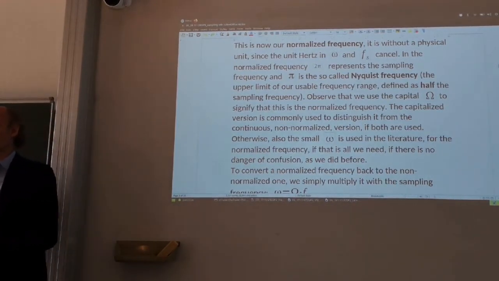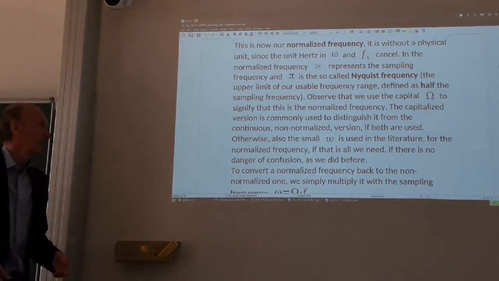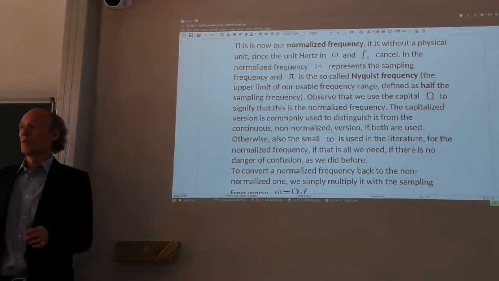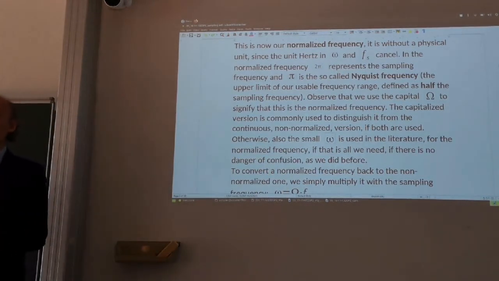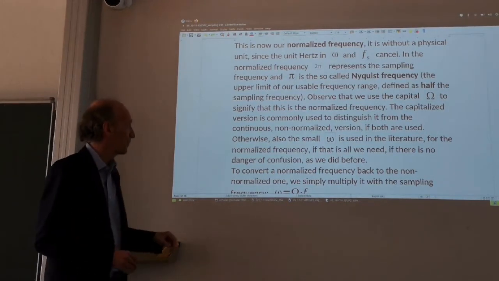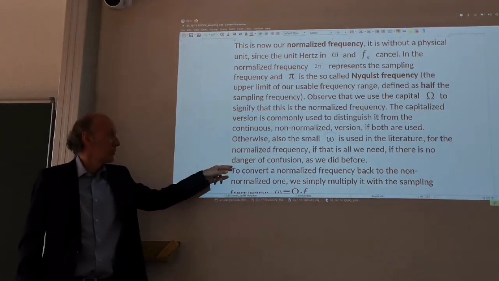If you have a book about discrete time systems and signals, then usually you see this lowercase omega, but what is meant is the normalized angular frequency. Yeah, because there's no danger of confusion.